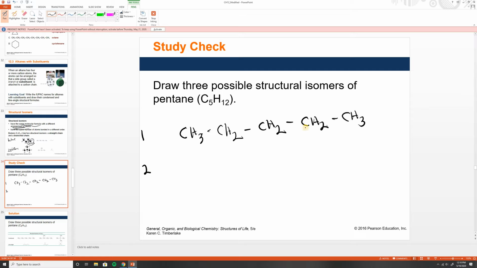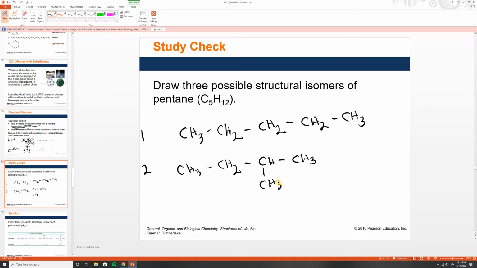Let's draw the second one. Let's take this end carbon and we'll put it here on this side, and we'll rearrange it. So it'll be CH3, CH2, CH, CH3, and then you'll have a CH3 branching off like that. Okay, so that's one way of doing it.